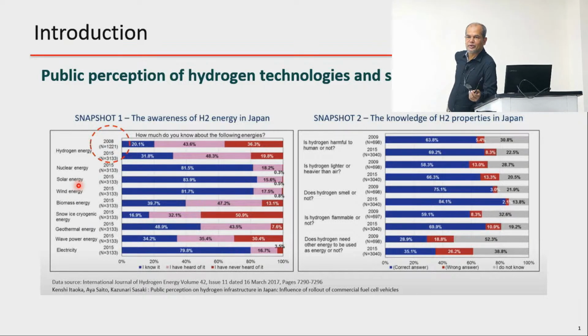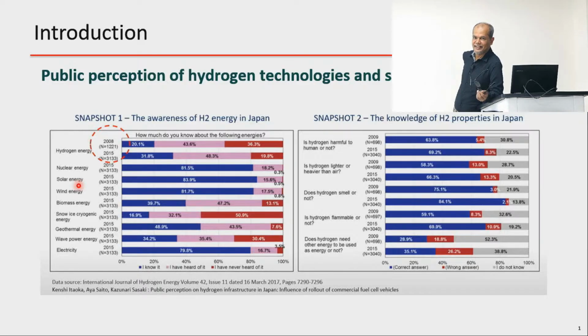I don't know how many percent know about hydrogen technology in Australia or India. I don't think it would be even 20%, right? People might have heard about it, but knowing about this technology, only people who are interested in doing research or business or making some investment probably know about it.